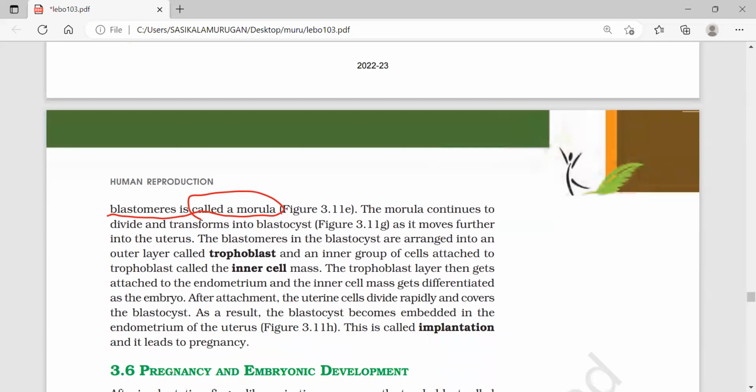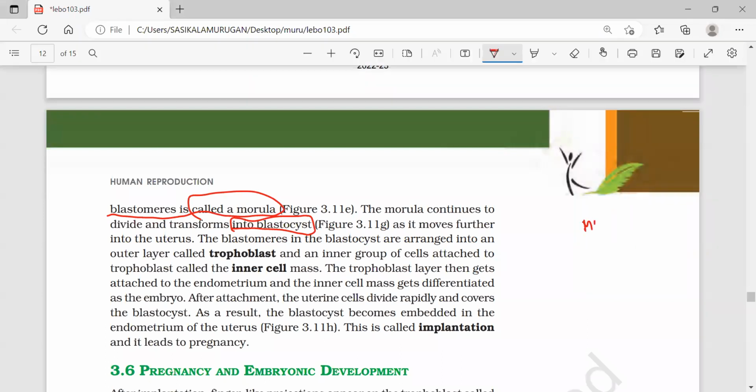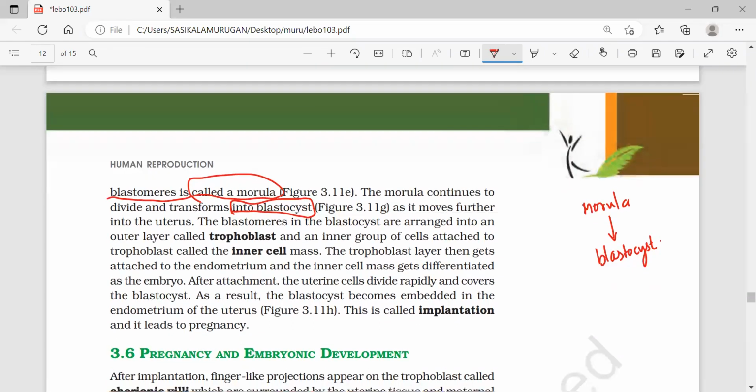This morula continues to divide and transforms into a blastocyst. So when you have a question like this, the order is: from the morula, the next stage is the blastocyst, and then it moves further into the uterus.